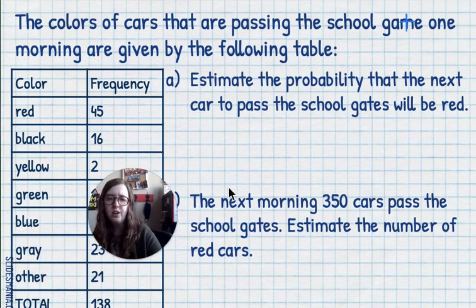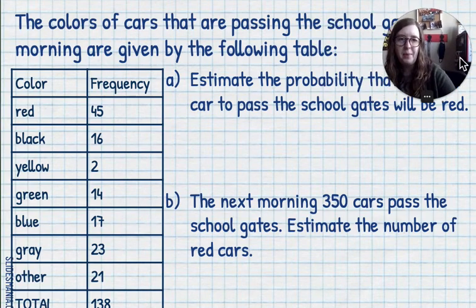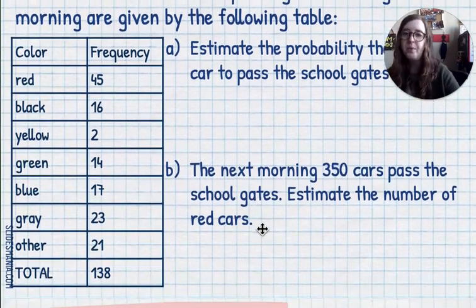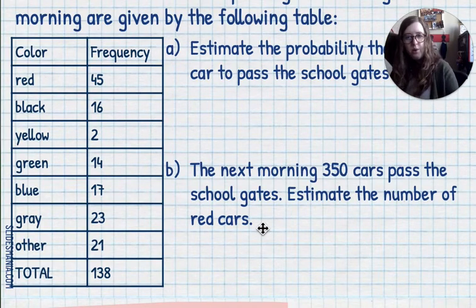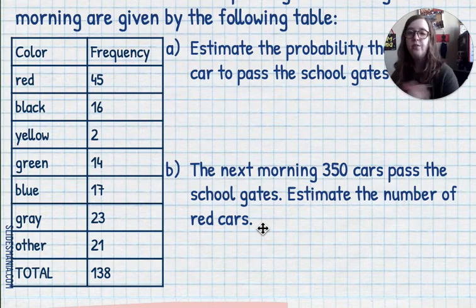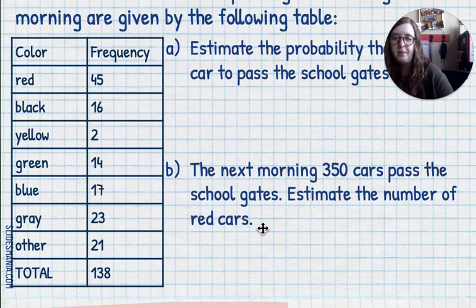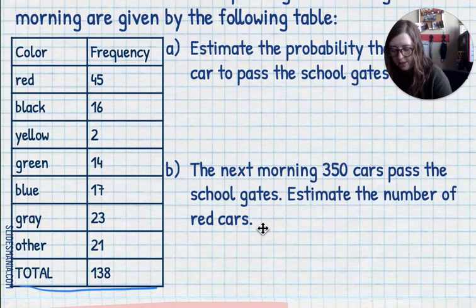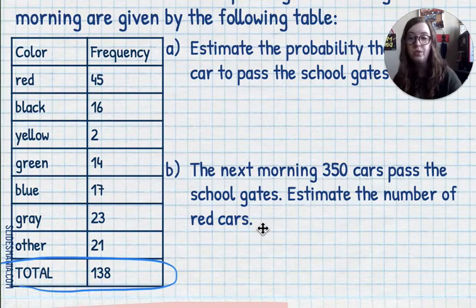So first of all, before we actually get to A, I want to talk about frequency versus relative frequency. So here's this table. So frequency is how often that occurs, right? So there were 45 red cars, 16 black cars, 2 yellow cars, and so on and so forth. And then we can see down here at the bottom, we have our totals, right?